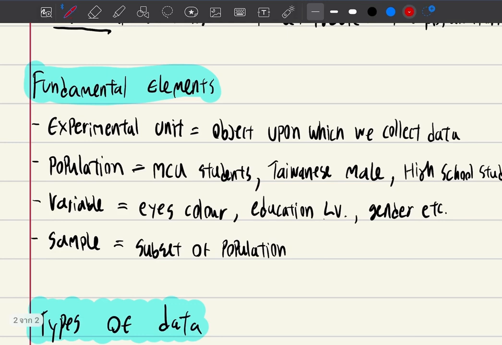So in statistics, we use sample information to make an estimation and prediction about the population.